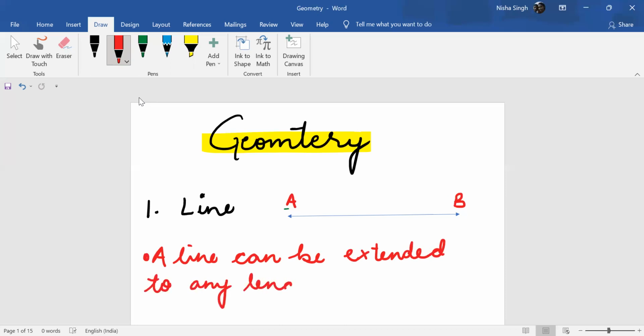That means by this you can say that you cannot measure a line. So from here, line AB can be extended from the A side and from the B side. From both sides it can extend to any length.